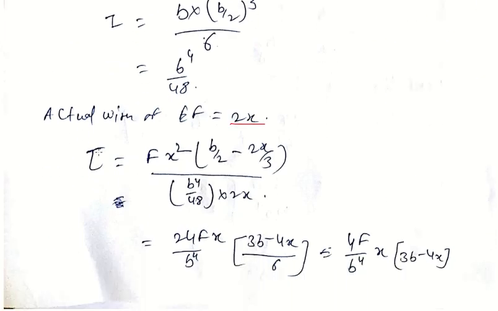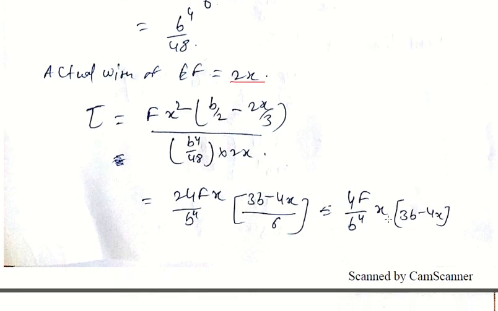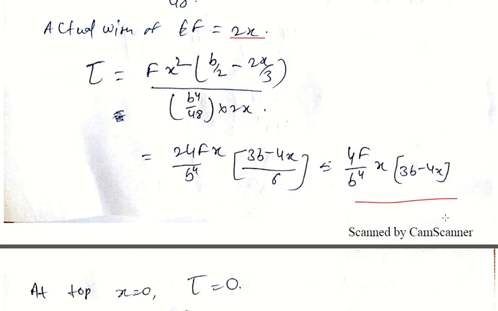Now put the values. So tau equals F A y bar by I b. A y bar equals x times the bracket b by 2 minus 2x by 3, the I value is b to the power 4 by 48, and the b value is 2x. We put these here and simplify the terms. It gives 4F by b square into x times the bracket 3b minus 4x.